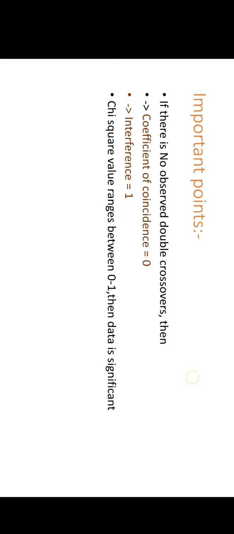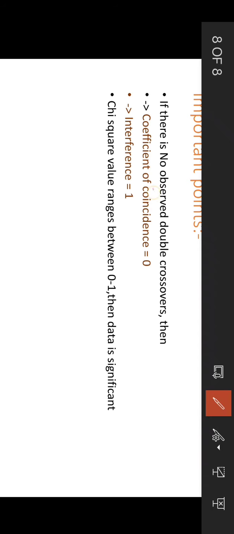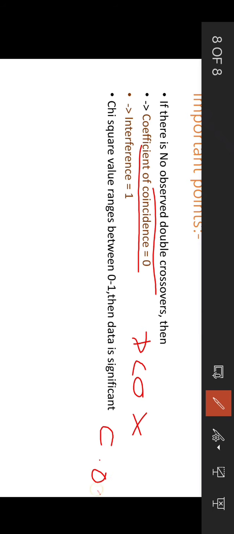Now come to the important point. If there is no observed DCO, then coefficient of coincidence will be 0, because coefficient of coincidence shows how many times DCOs have occurred. So if there is no DCO, then there will be no coefficient of coincidence.